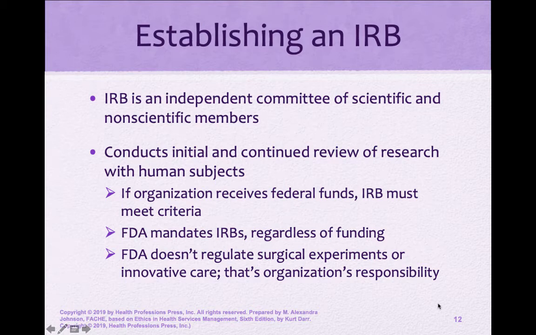Oftentimes we'll have clergy involved in some way if that is important to the organization or important to the research being done. You're typically going to have a layperson on your IRB. You're going to have administrators. Again, that was my role in the IRB. I was the research compliance officer, so I was there to make sure they did things legally and ethically. But their role is to review research.